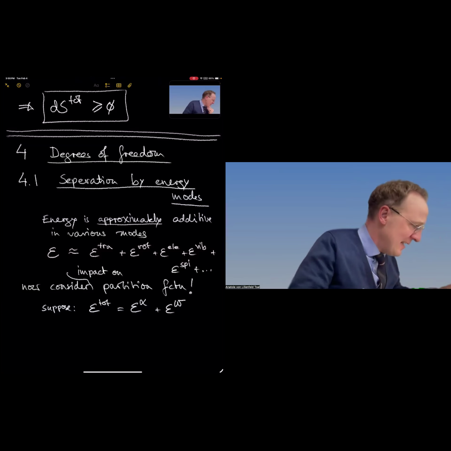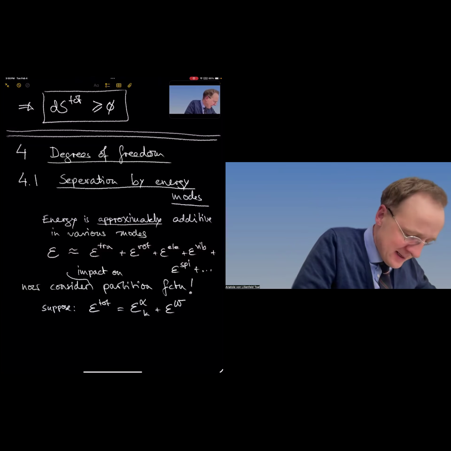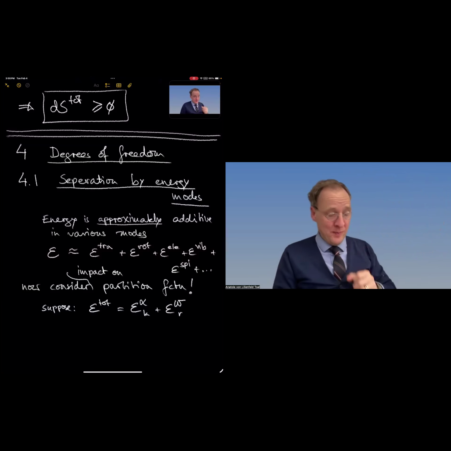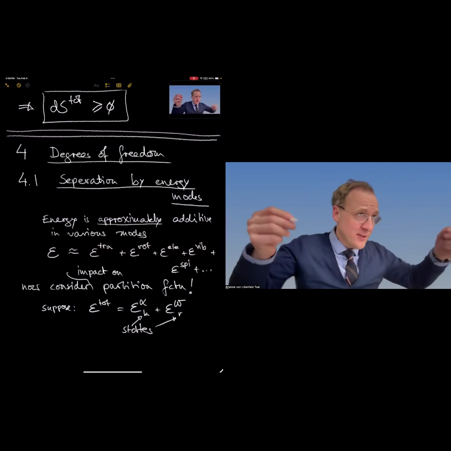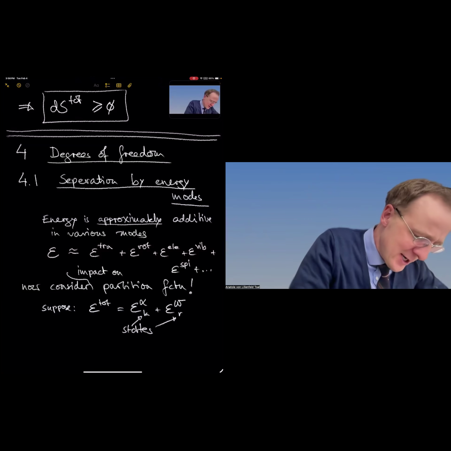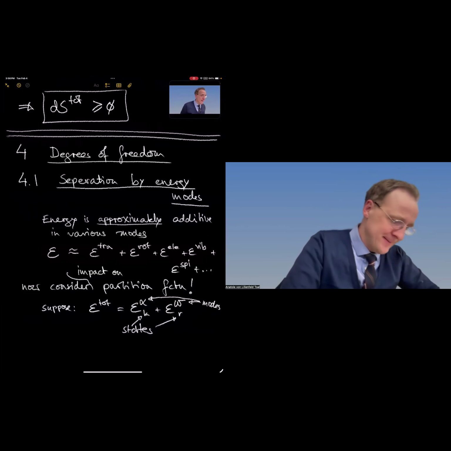And suppose they live in some state K and R. Okay. States, meaning those are the different solutions in your Schrödinger equations. One for omega and one for alpha. Right? Each mode gets its own Schrödinger equation.